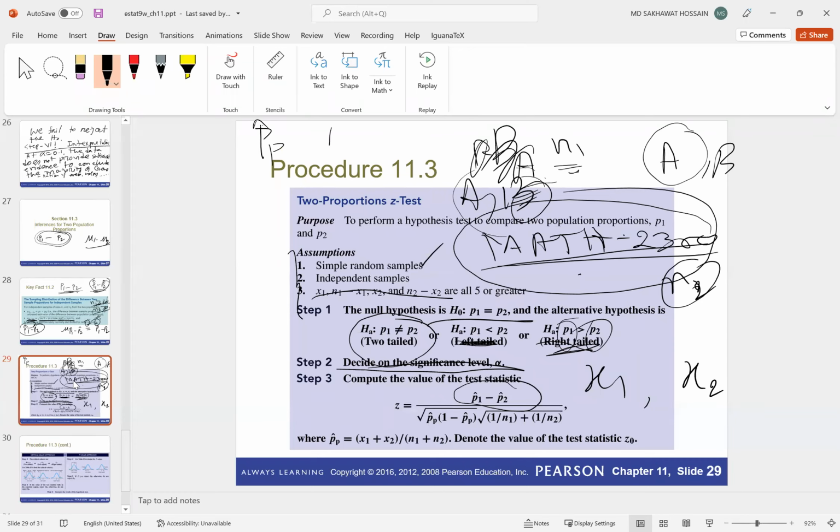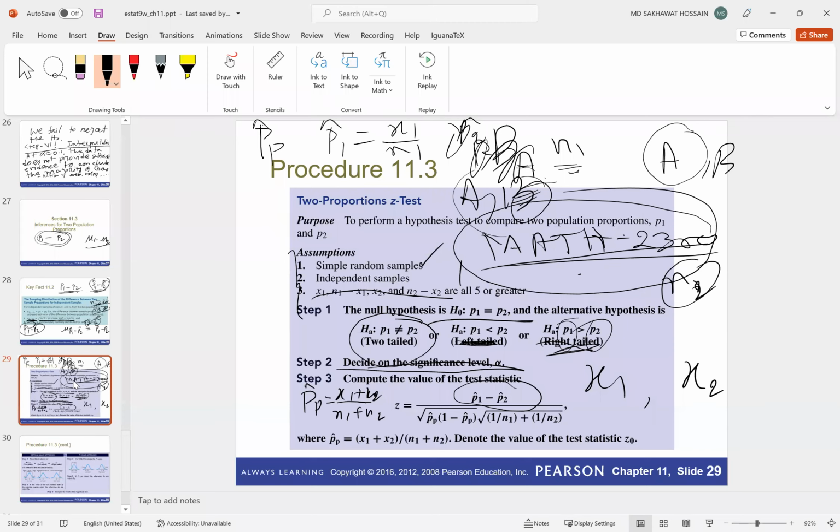P1 hat we calculate using X1 over N1, and P2 hat is X2 over N2. But here we'll be using the pooled proportion, P hat, which is X1 plus X2 divided by N1 plus N2. That's the overall, or combined, percentage. We combine the two samples and then calculate the percentage. That is the pooled P hat.